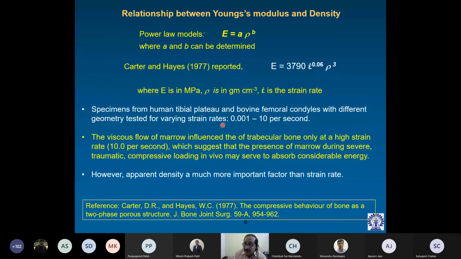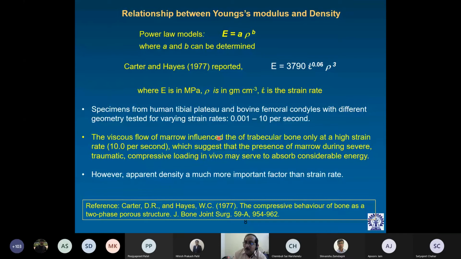So the strain rate means the rate of loading at which you are applying the load. It varied significantly from 0.001 to 10 per second. So this is a huge range.